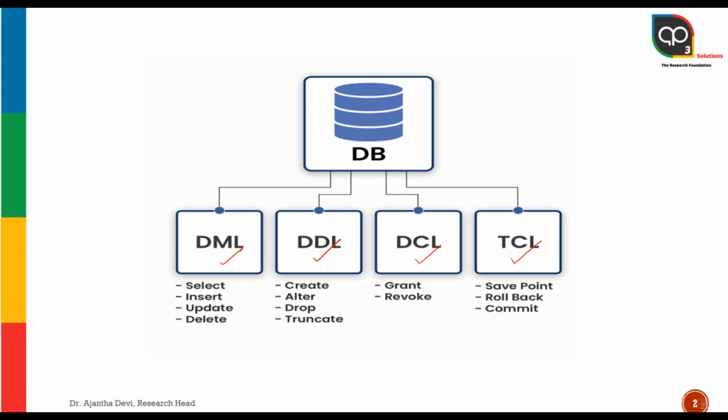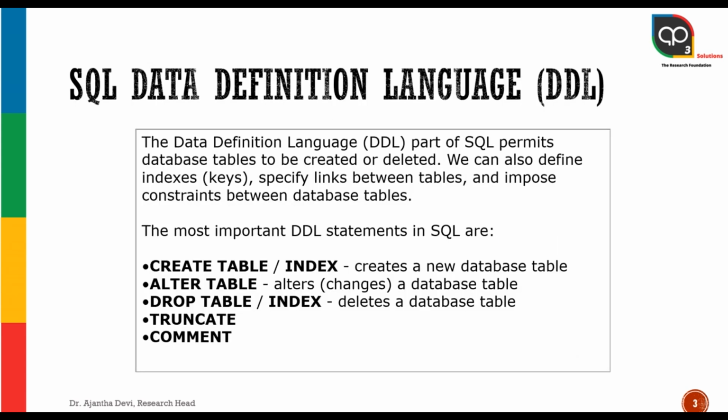With commands like COMMIT and ROLLBACK, it allows you to treat multiple changes as a single atomic action. Dear friends, these categories form the foundation of everything we do in SQL. From this point forward, you will not only know the commands, you will know when and why to use each one. Let me dive into the first major category, Data Definition Language.